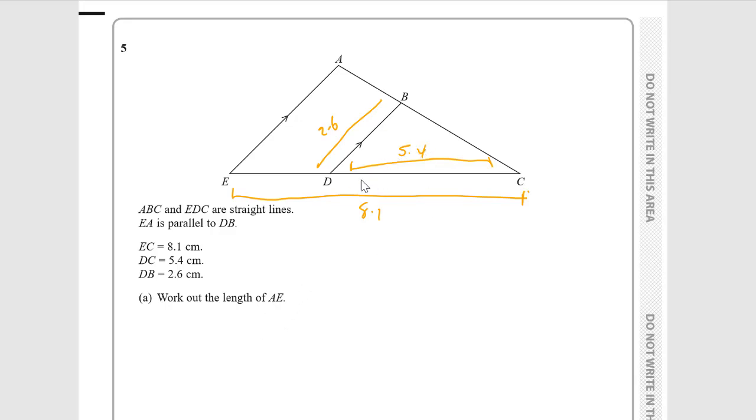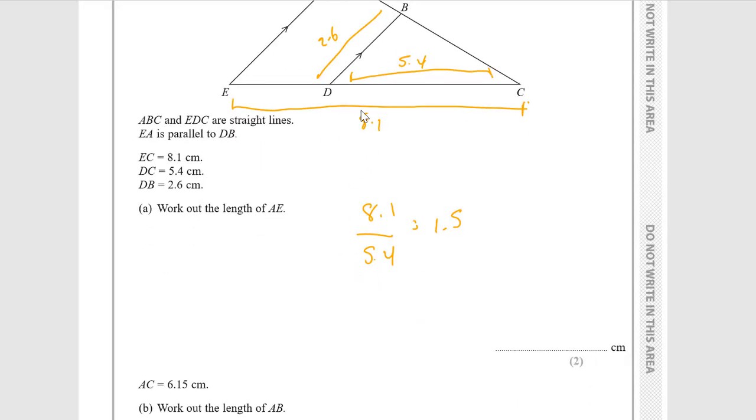So you can see that these two lines are parallel. So we can say 8.1 divided by 5.4 gives you 1.5. That means there's a scale factor of 1.5. So 2.6 multiplied by 1.5 is 3.9.